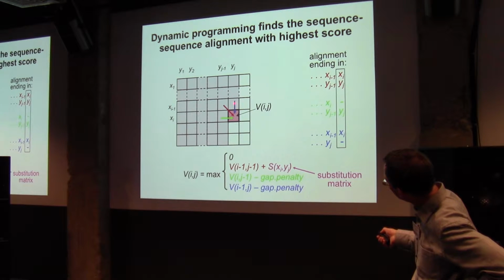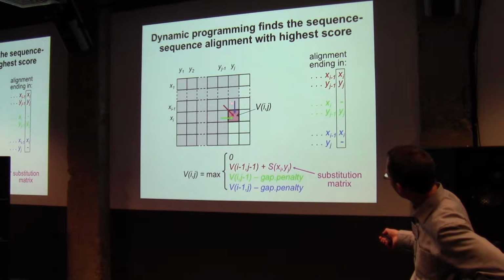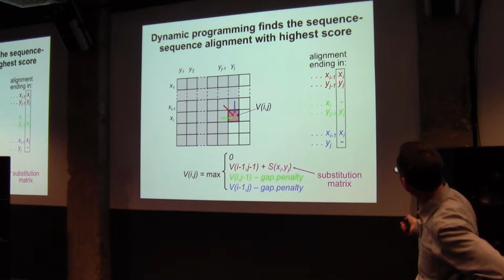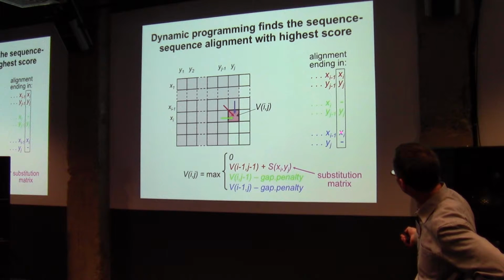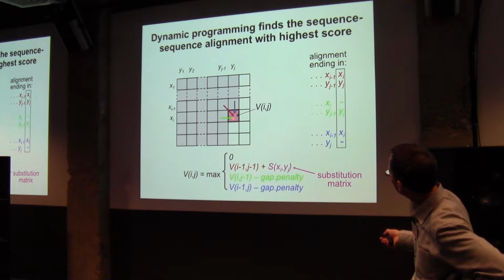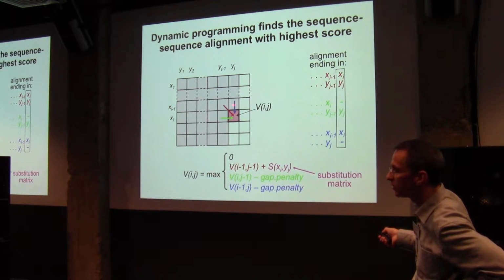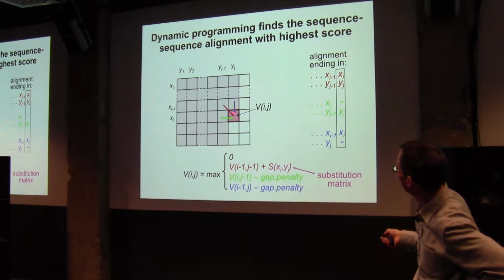But the second possibility is that you came through this field here, and that would mean that what you actually align at the last position is that you have a gap, so that xi is not aligned to anything, and you just take the best score that you had up to here, and you subtract a penalty because now xi is not aligned to anything in the y sequence.